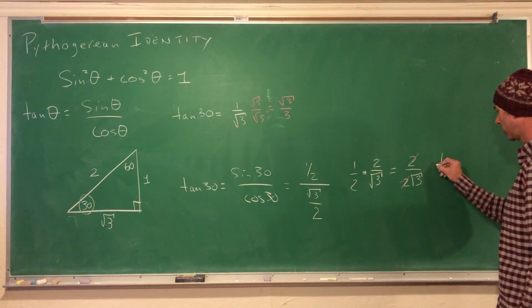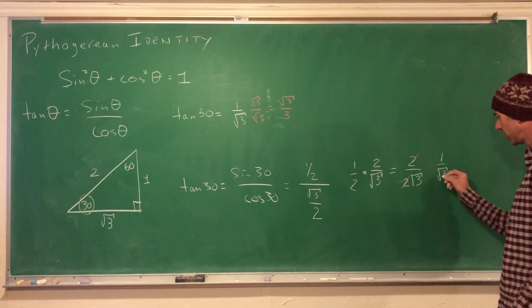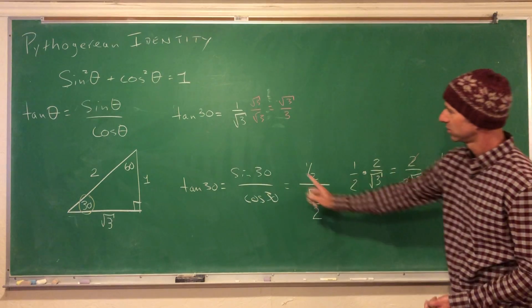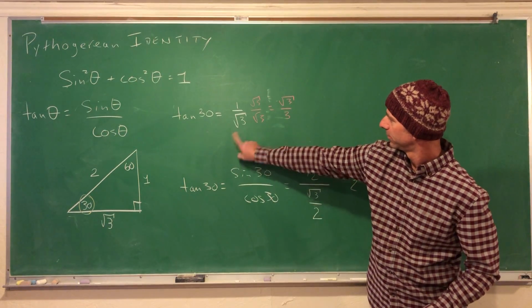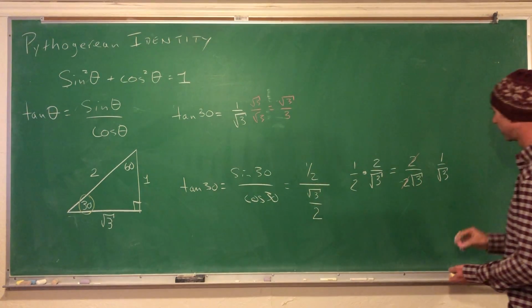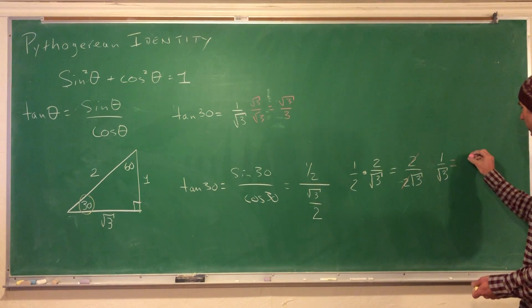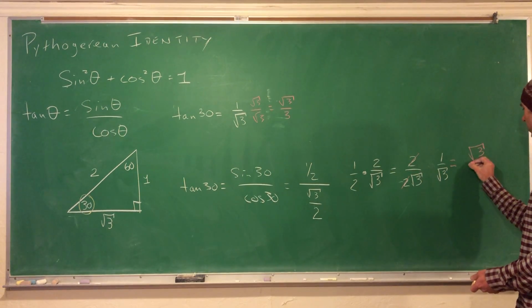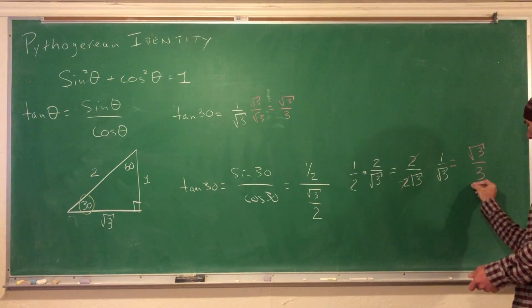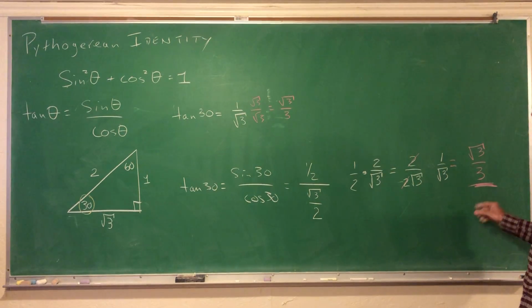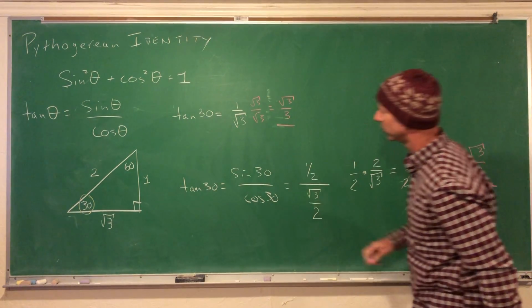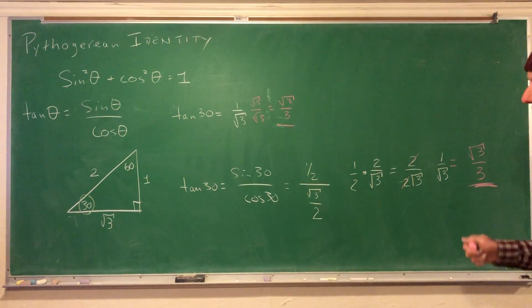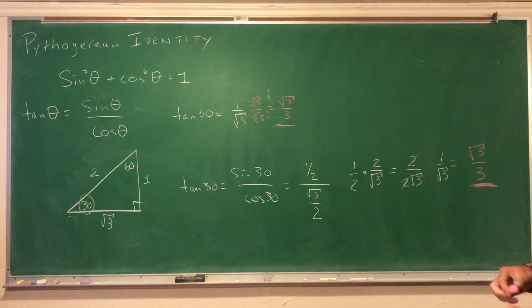We get 1 over the square root of 3, which is the same value we had before. Then rationalize the denominator, and I get root 3 over 3. You'll see that calculated through different ways, both give me the same answer.